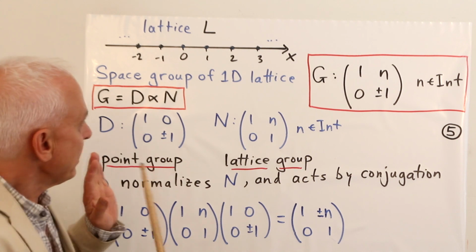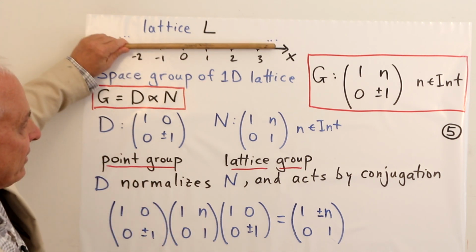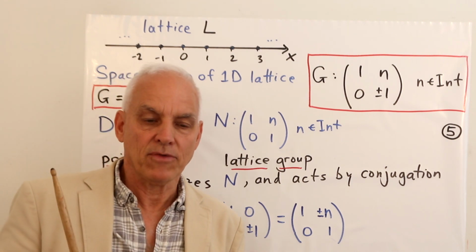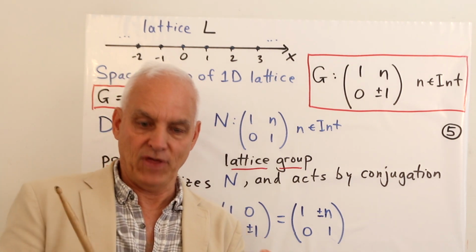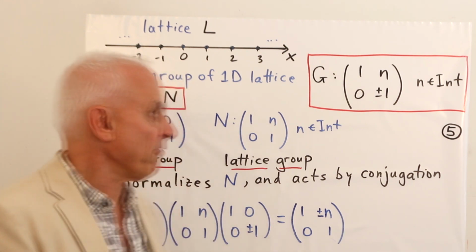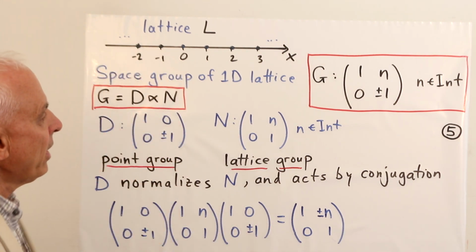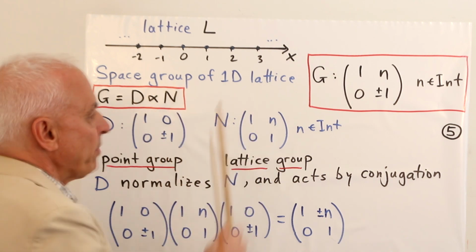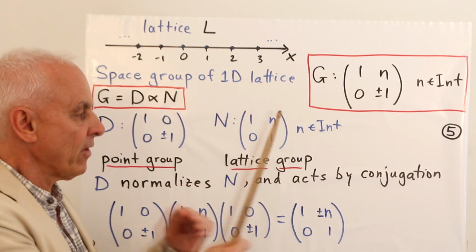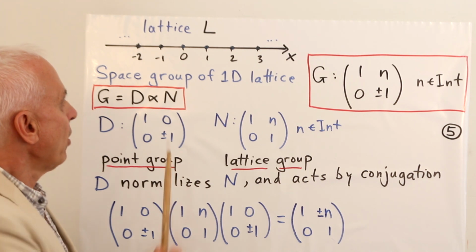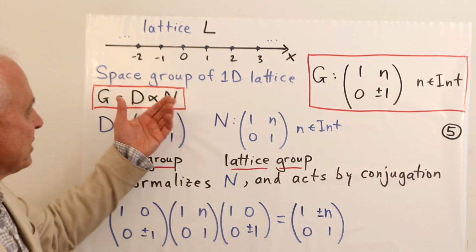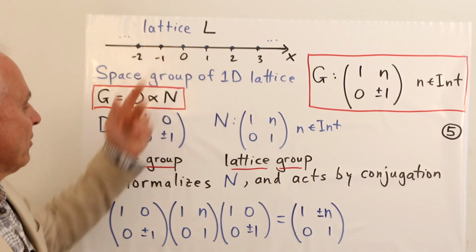Okay, so now we can get back to our lattice, our integer lattice, let's call it L, and we can now describe the symmetries of this thing in terms of these matrices, the affine group of matrices. So the space group now consists of translations, and also these point reflections.